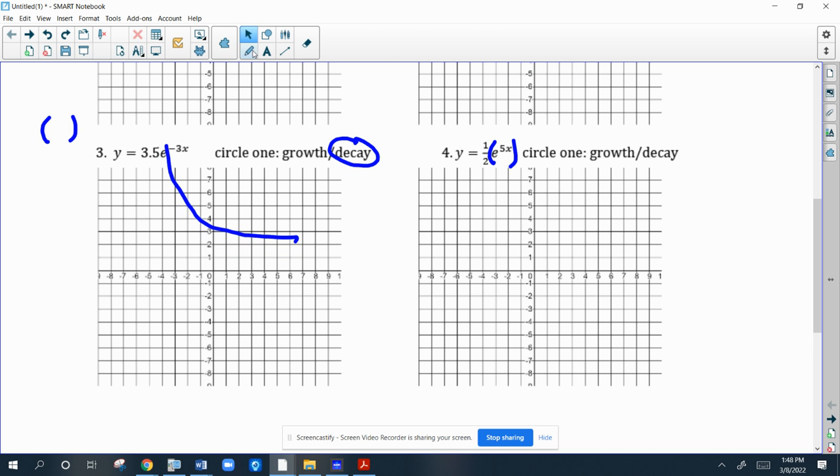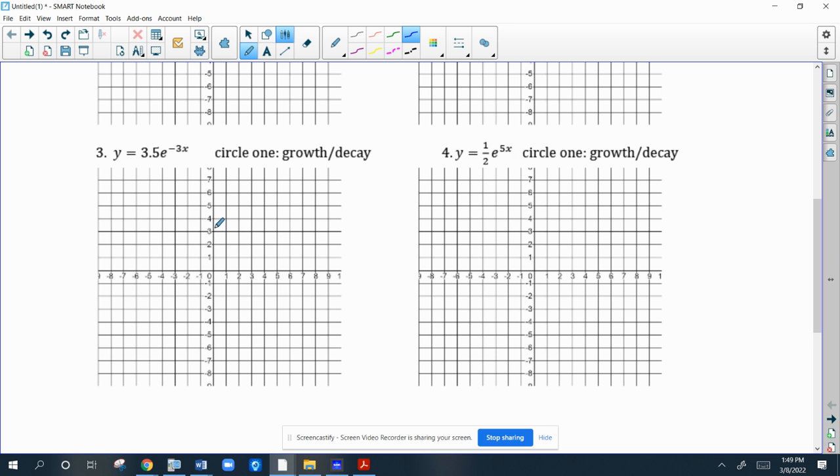And then you do want to show that this graph does keep going down and has an asymptote as the x-axis. So that wasn't the best drawing. I'm going to redraw it. Like that. So this one is, and that was decay because of the negative exponent.